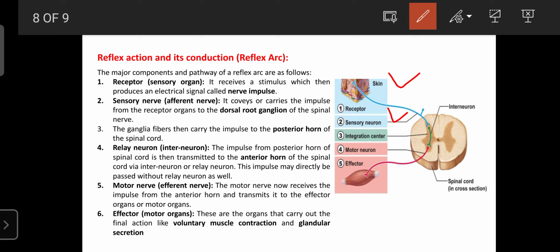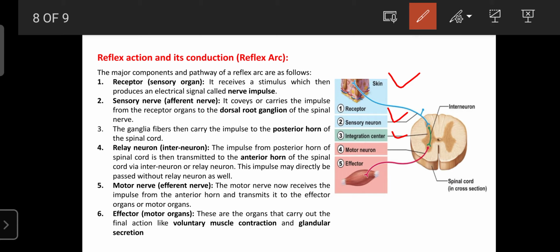The third component of the reflex arc is the integration center or interneuron. The message that came from the sensory neuron from the receptors of the organ is integrated. Integration occurs at the center known as the interneuron or integration center.